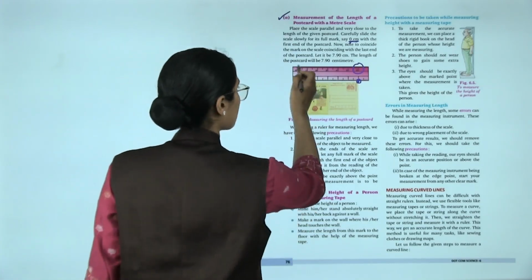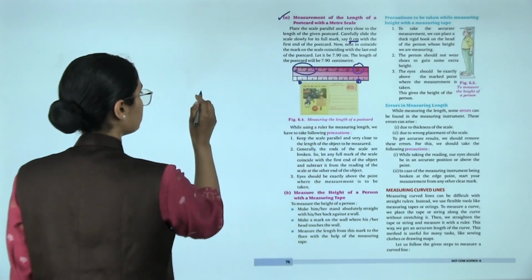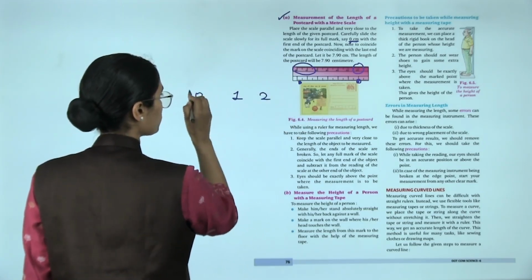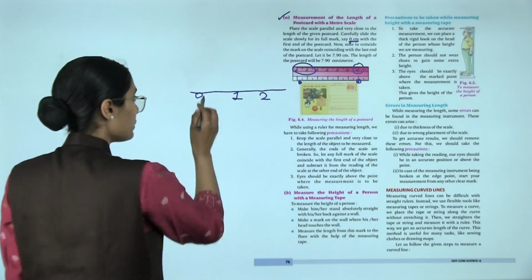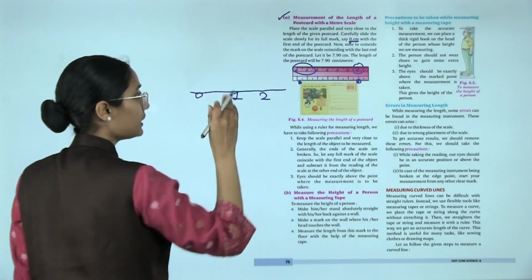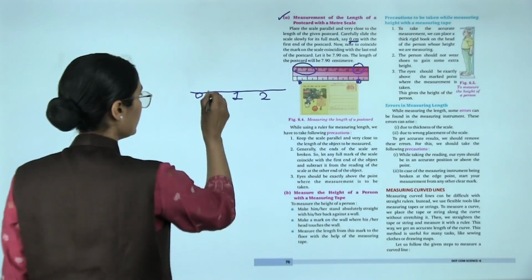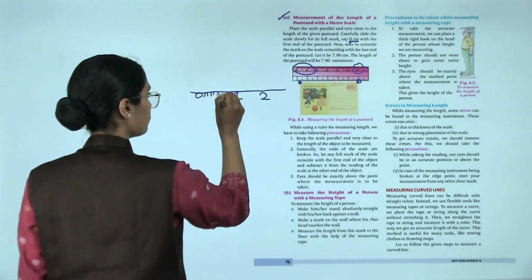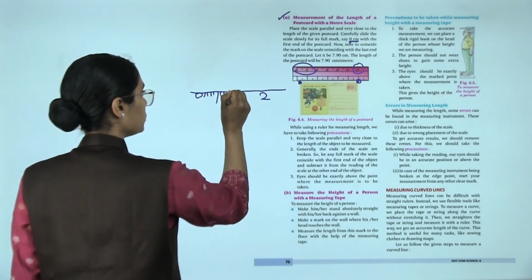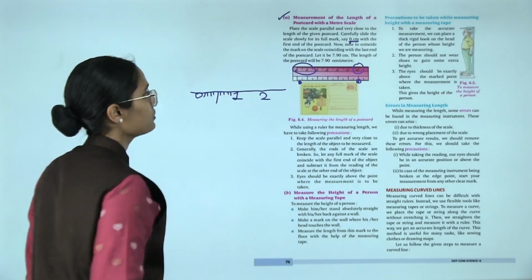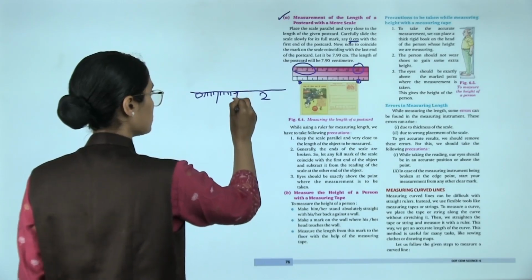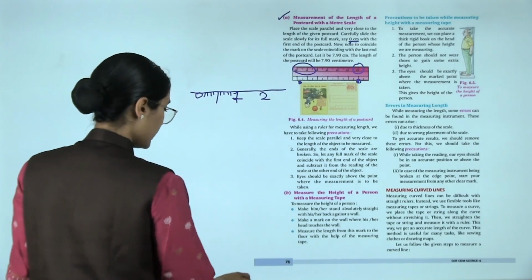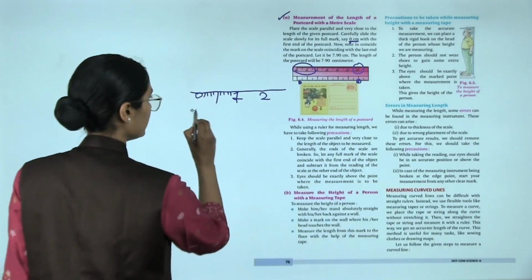So for example, this is a centimeter scale, okay, 0, 1, 2, and this is how it goes on, okay. So between 0 and 1 there are 10 small marks, okay. So 1, 2, 3, 4 and then 5, and again 1, 2, 3, 4. For example, the postcard ends somewhere here, right.